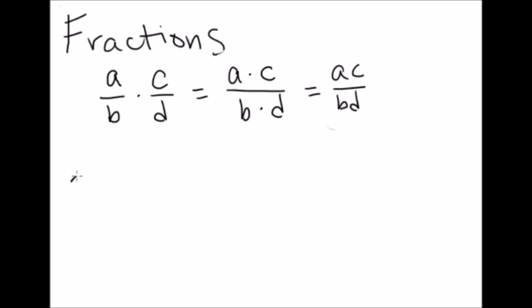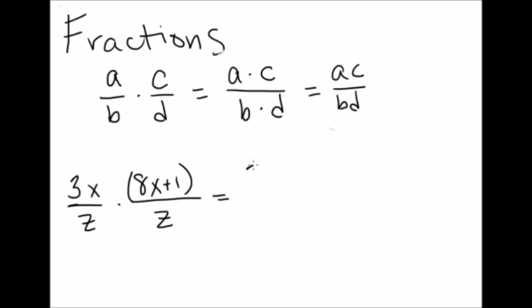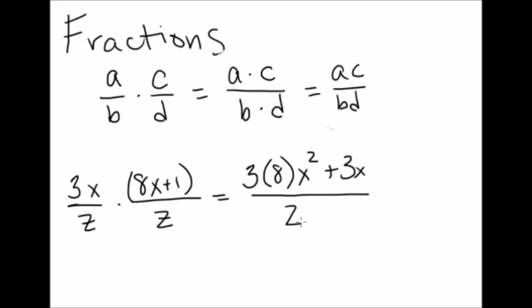So in the type of example you're likely to see at Harris, 3x over z times 8x plus 1 over z. You would distribute the 3x, so it would be 3 times 8x squared plus 3x over z times z, which in this case would be 24x squared plus 3x over z squared.